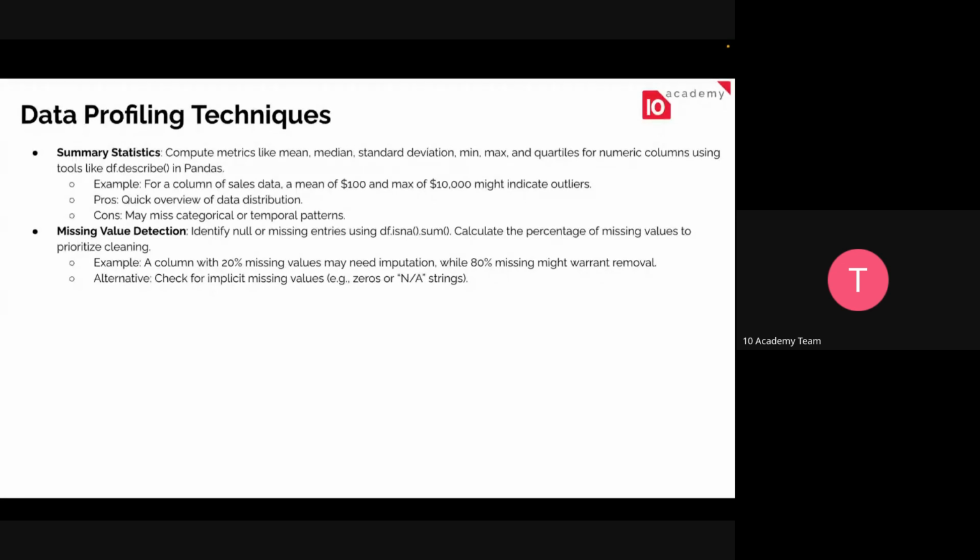So here, 20% missing is just identifying it, and applying imputation is a strategy to account for this error, right? But of course, imputation is not always the best strategy.